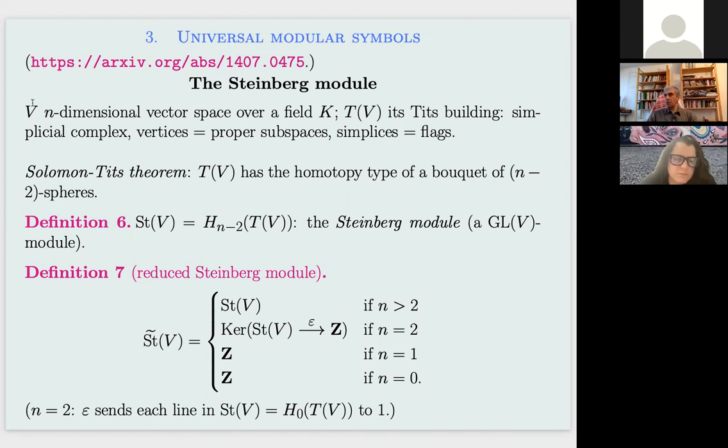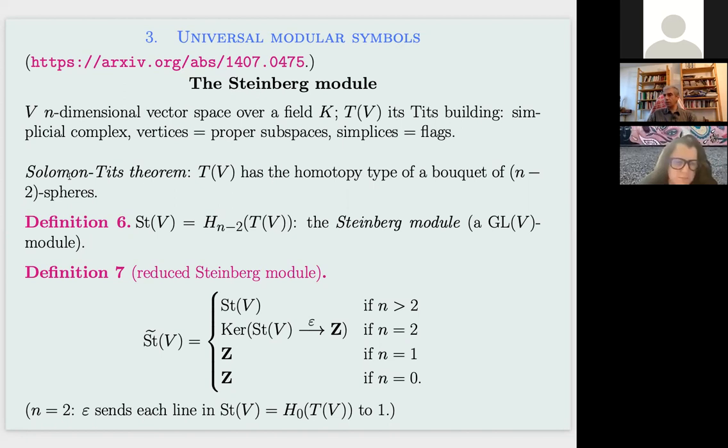So if I have a vector space V of dimension n over a field K, then its Tits building is the simplicial complex whose vertices are the proper subspaces of V. Proper means different from 0 and V. And the simplices are the flags.